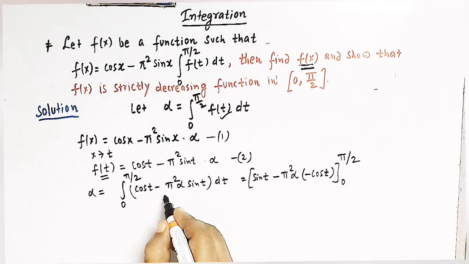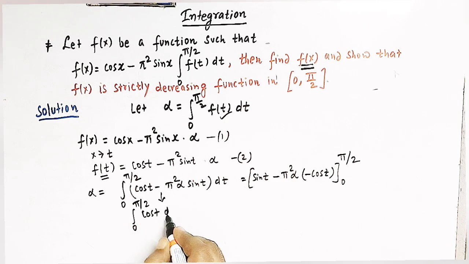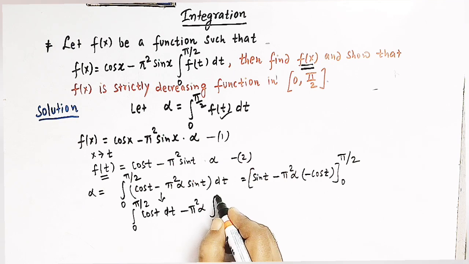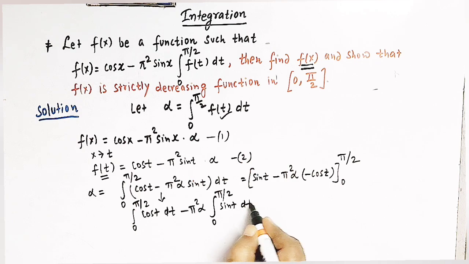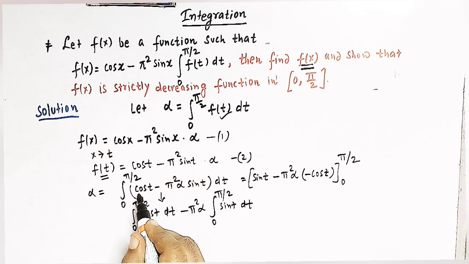In other words, we can also write this as the integral from 0 to pi by 2 of cos t dt, minus pi square alpha times the integral from 0 to pi by 2 of sine t dt. So we can also write this integral like this, integrating the terms.